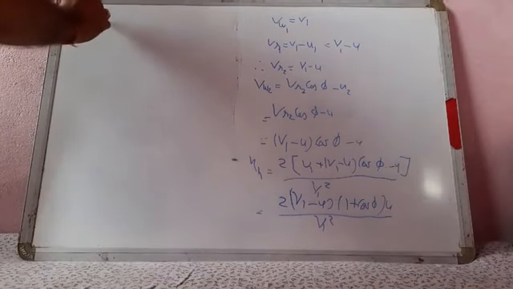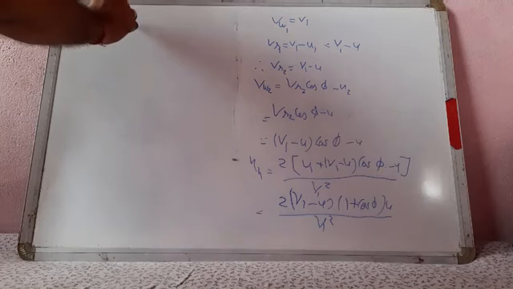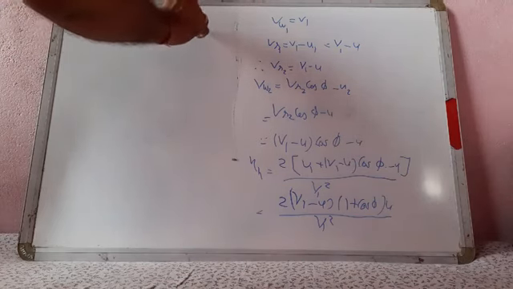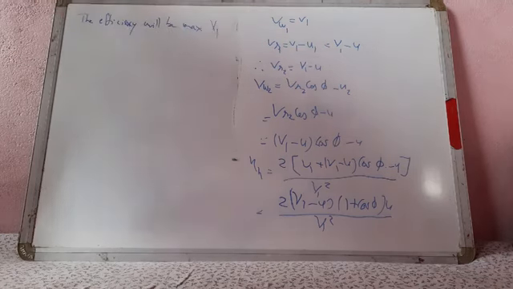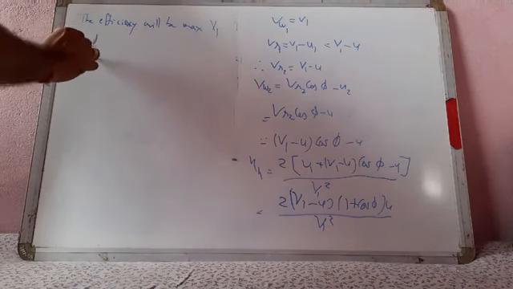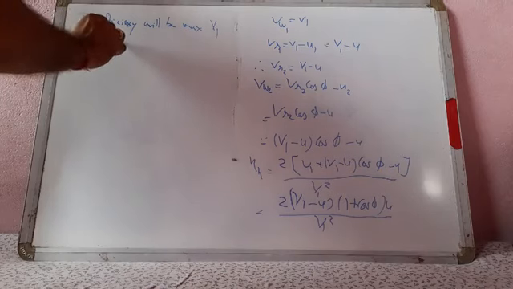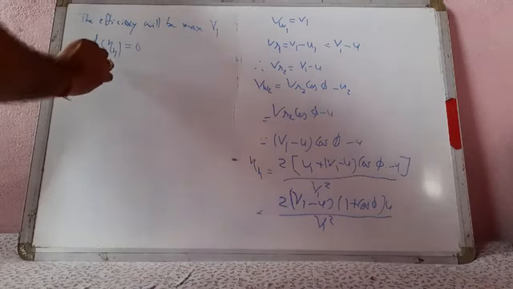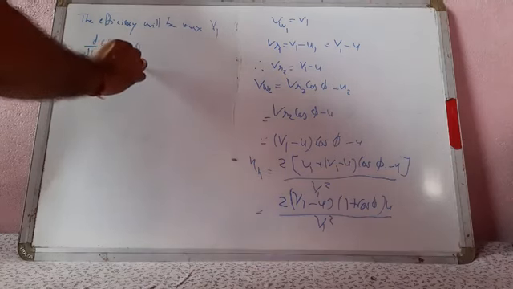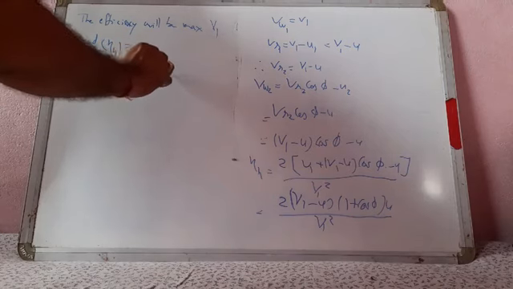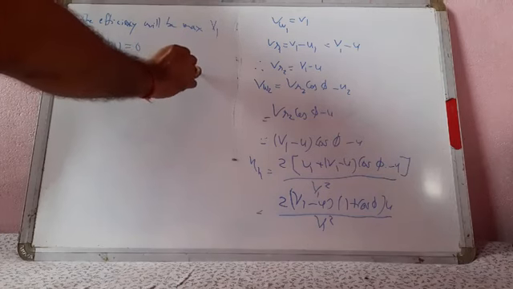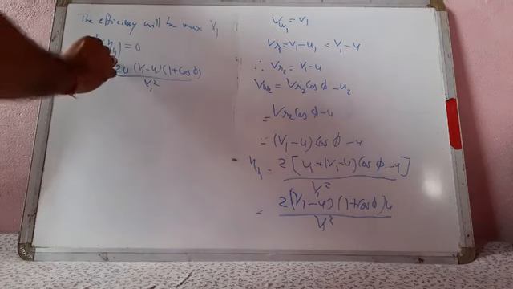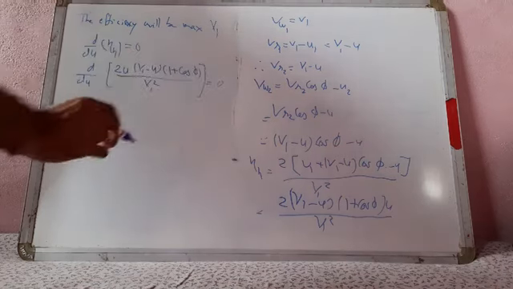The efficiency will be maximum for a given value of V1 when d by du of eta hydraulic is equal to 0, or d by du of 2u (V1 minus u) into (1 plus cos phi) by V1 square equals 0.